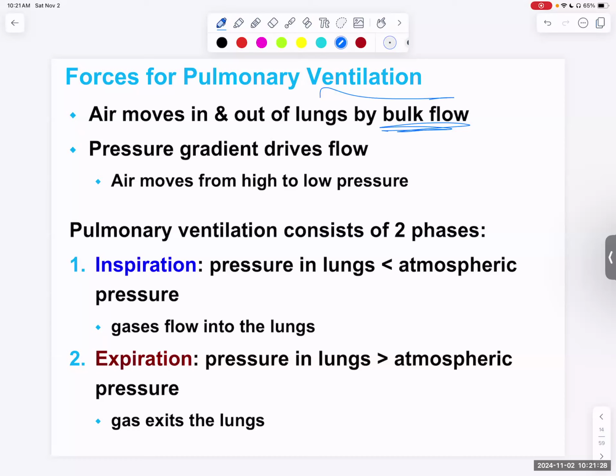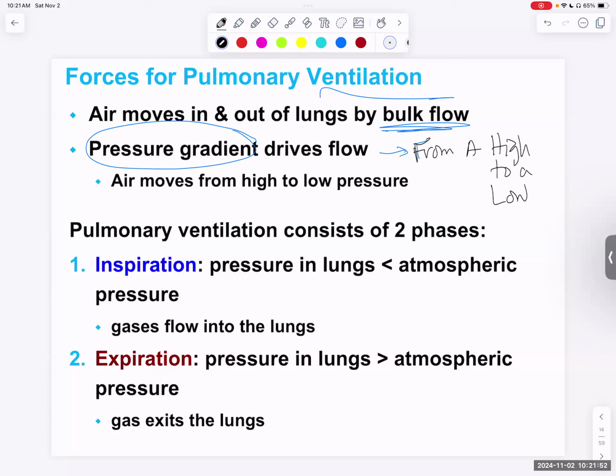What drives this bulk flow are pressure gradients, right? We talk about gradients and things move passively from a high to a low.